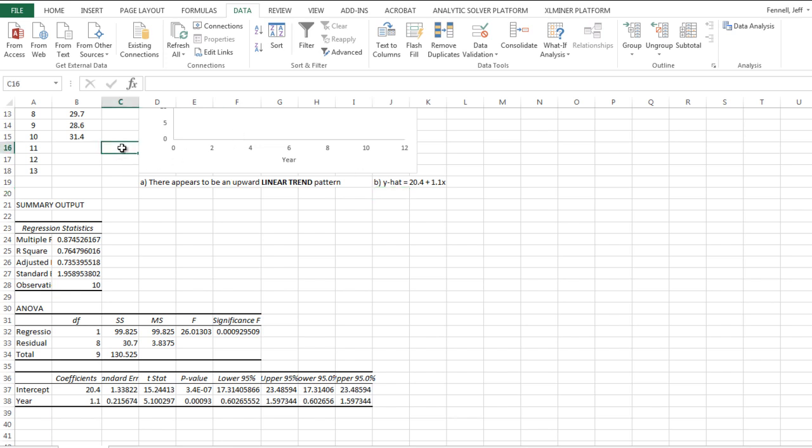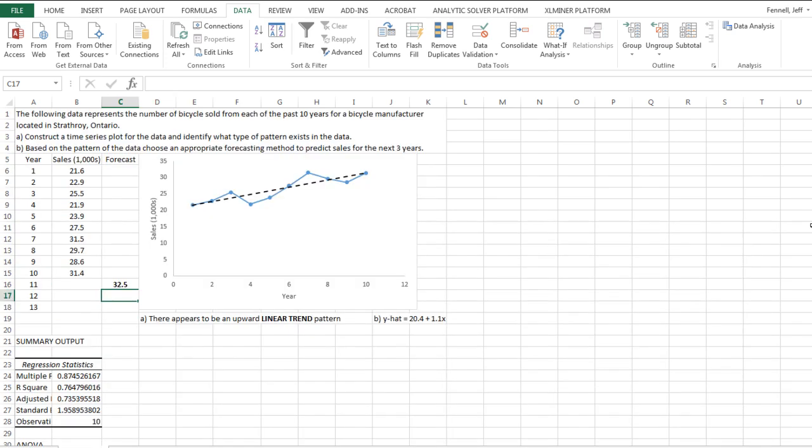Or I can recreate that by simply saying it is equal to, I'm going to absolute reference anything out of the regression output. So I'm going to absolute reference, I always want 20.4, plus, we always want 1.1, so absolute reference that as well. And now multiply 1.1 by our x value. Remember, x value is time, in this case our years.